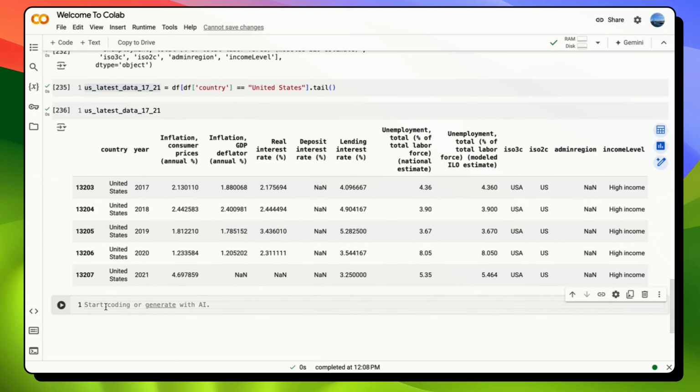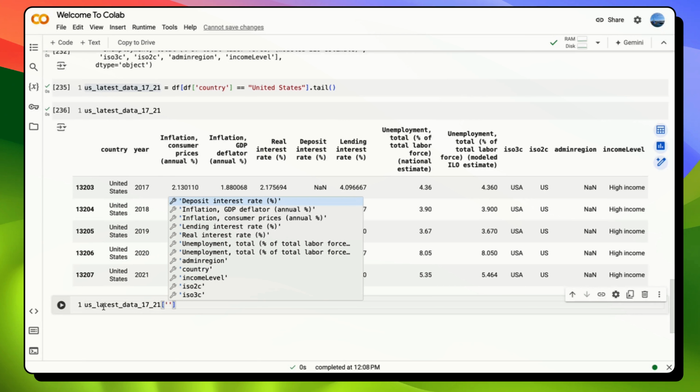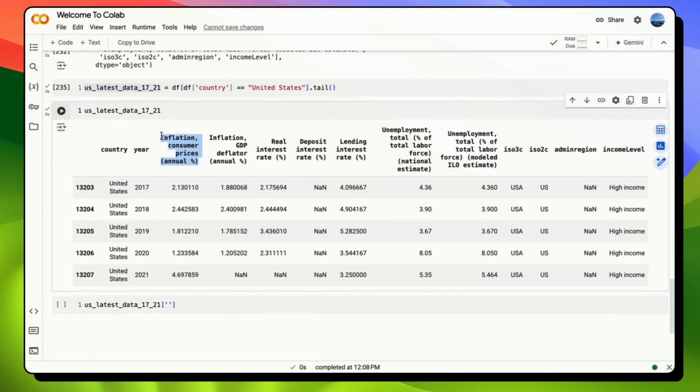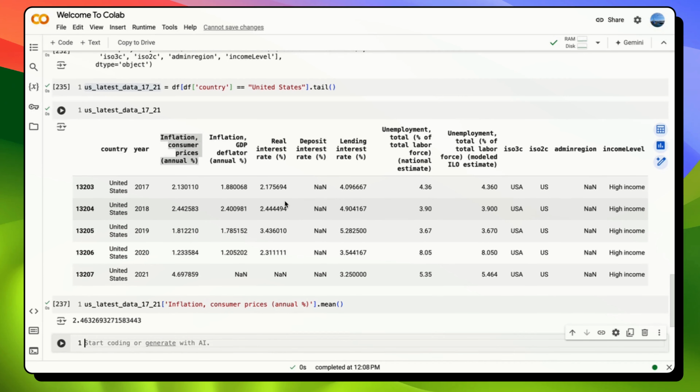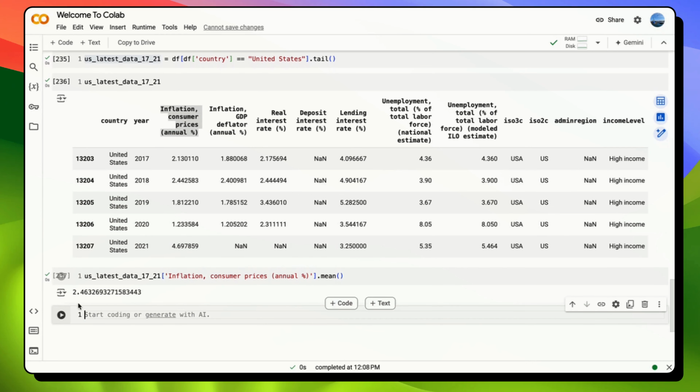So we would want to take the table inflation, consumer price, and average it out. This is the annual inflation rate.